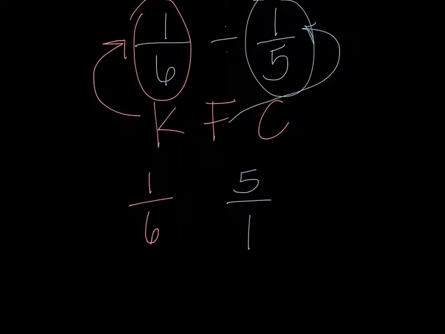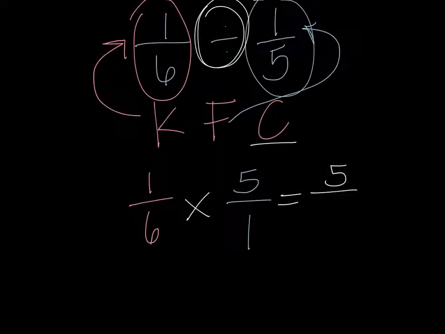The last thing I do is change my division sign. The opposite of division is multiplication. Now I'm going to multiply across. 1 times 5 is 5. 6 times 1 is 6. So my answer to 1/6 divided by 1/5 is 5/6.